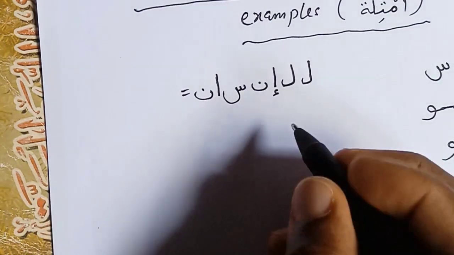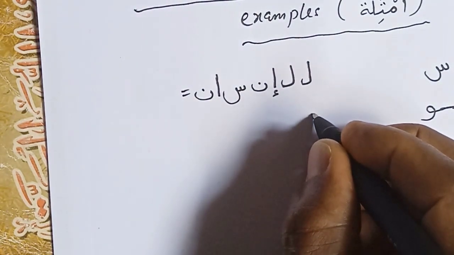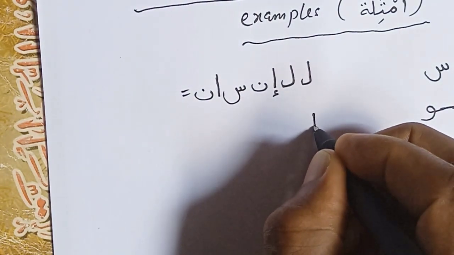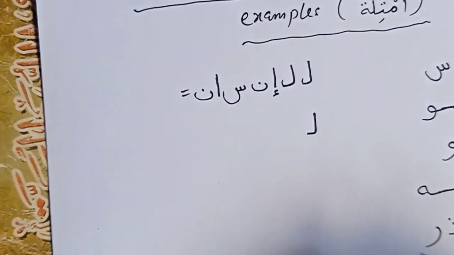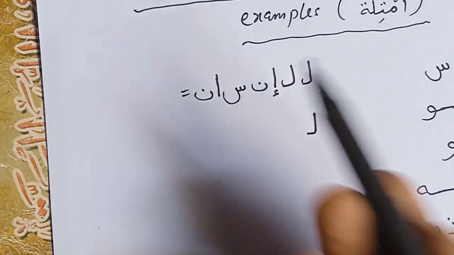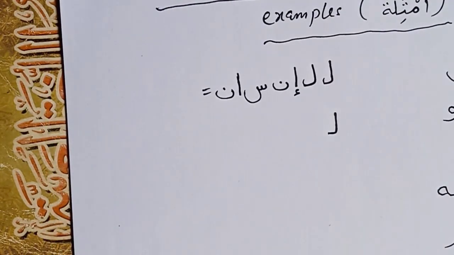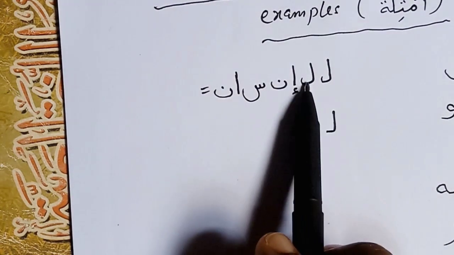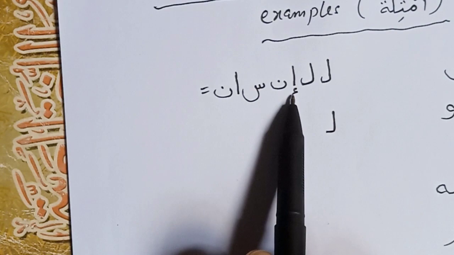So to do that, we put it under here. We have the lam joining the lam, so we have lam of the beginning of the word that way, joining the lam, and the lam also joining the alif. So as we can see, I explained about the lam and alif here, because the difference here is when we introduce the hamza.